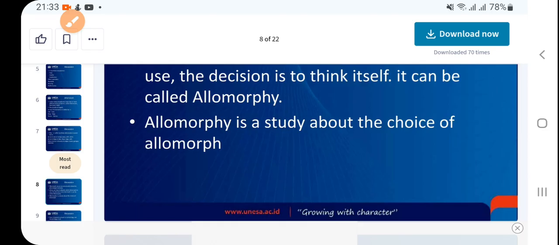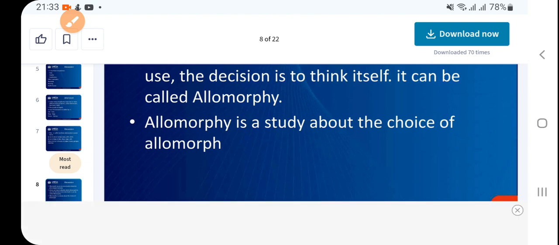Allomorphy is a study about the choice of allomorph. It means in this particular word, for dogs, the sound vibrates with the s. We are putting s with dogs and cats, but when we speak cats, that s is different sound. And when dogs, that is a whistling sound, a z sound.